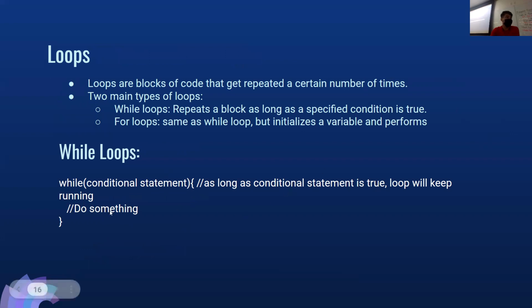Just put while and any conditional statement and it will keep running as long as that conditional statement is true. You have to be careful when using while, because you can end up getting infinite loops. And you don't want infinite loops in your program. Well, you kind of do in one sense, but I'll talk about it later.